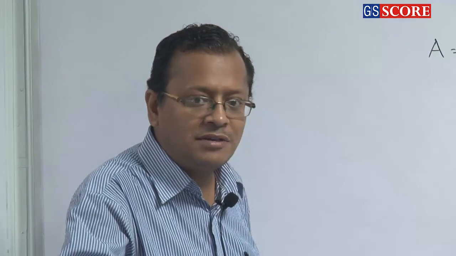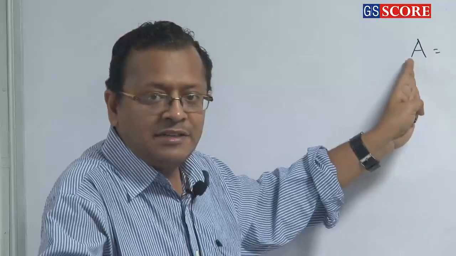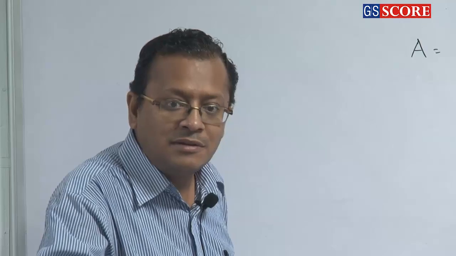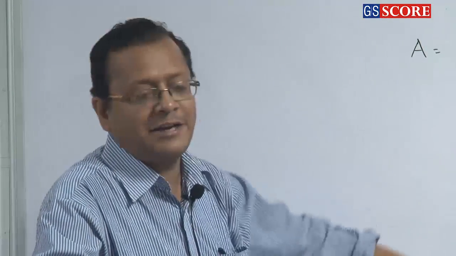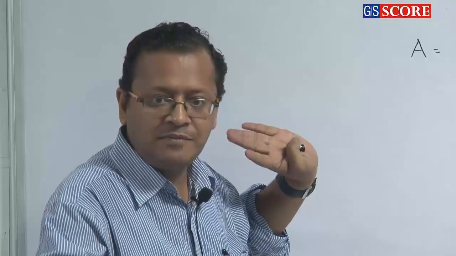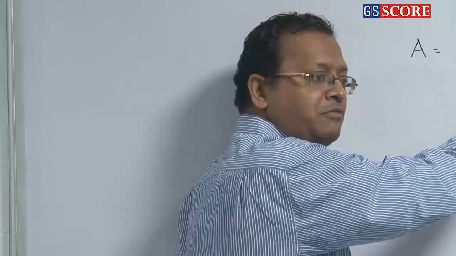Clear or not? So tell me, if this is a set, then there is a subset as well. Subset, what do you mean by a subset? Part of a set is known as a subset. Okay? So tell me, how many subsets will form from this?